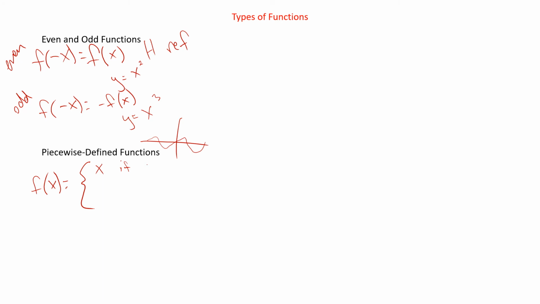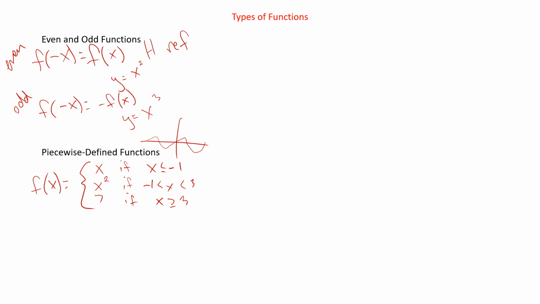Let's see, x if x is less than or equal to -1, x squared if -1 is less than x is less than 3, and 7 if x is greater than or equal to 3. And so this is the type where it's in chunks. You have different pieces to your graph. We're going to be seeing these types of graphs a bit this year in different situations. But again, it's something that you've seen before.